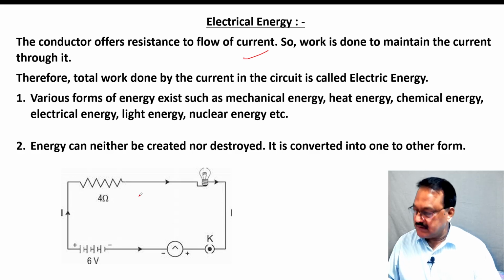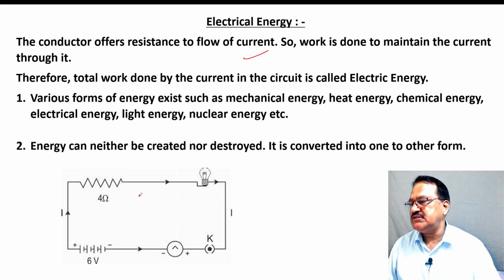When the charge flows, as we know, what is current? The rate of flow of charge is current. When electrons flow, there is opposition to the flow of these electrons, or charge, or current.